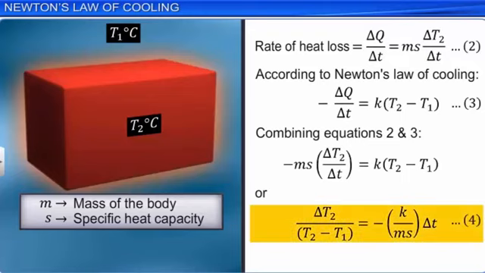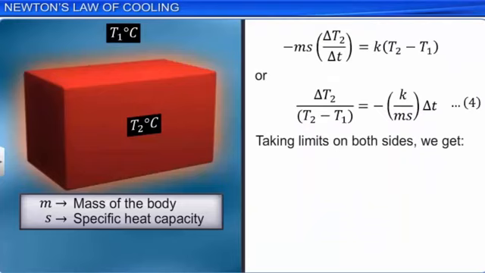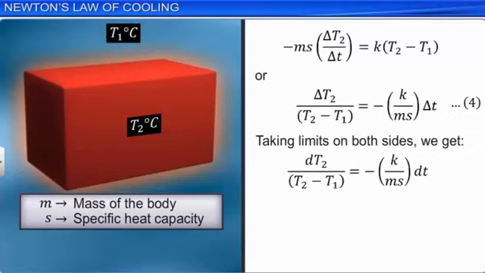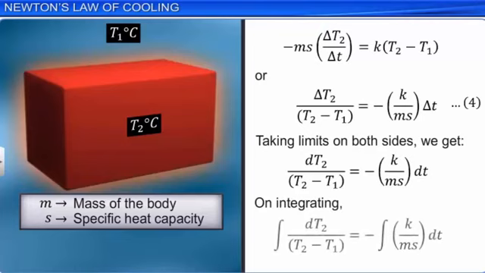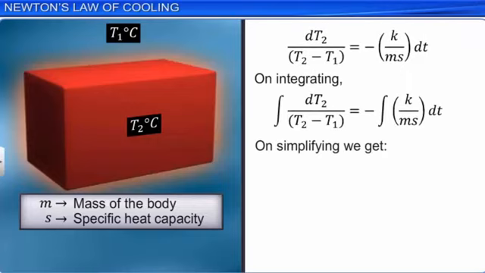Taking limits on both sides, we get dT2 by T2 minus T1 is equal to minus K by Ms into dt. On integrating this expression on both sides and simplifying, we get log to the base e T2 minus T1 is equal to minus K by Ms into T plus C. Let this be equation 5.